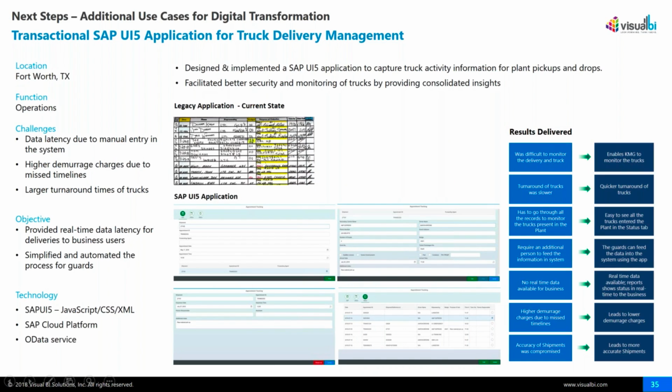This was our paper process that's turned into a really nice simplified UI5 application for our truck checking in and drivers knowing exactly where to go, and from an operational perspective, having all this information digitally has just made the truck drop off and pickups so much more efficient.